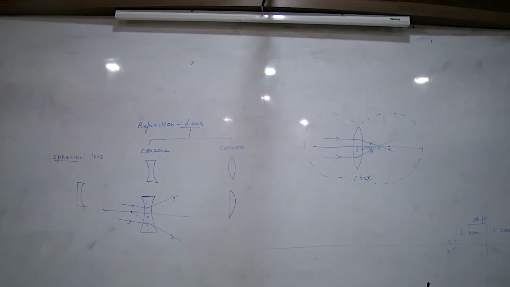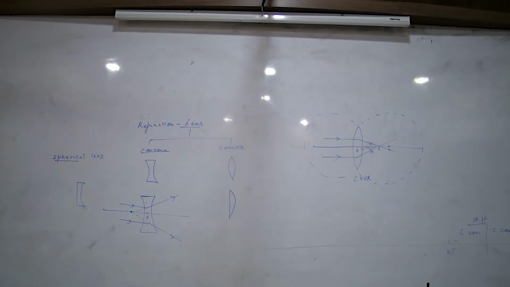The center of curvature of a lens is usually represented by the letter C. Since there are 2 centers of curvature, we may represent them as C1 and C2.